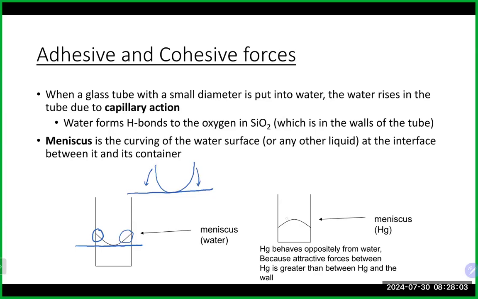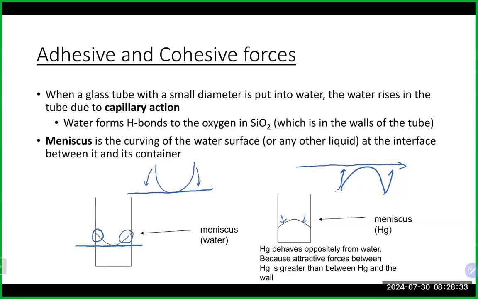So instead of curving upwards, the mercury curves inward, as the attractive forces between itself are stronger than with the container, and we get this opposite sort of meniscus in mercury. In this type of case, though, we would actually read from the top of that meniscus. And that, again, is because without that attractive force, the actual volume is towards the top of the meniscus in that particular case.